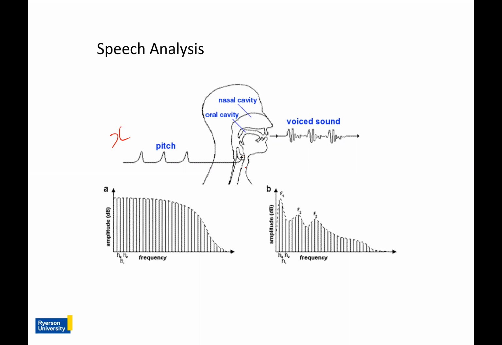Okay, then obviously the output that we are coming out of the mouth is the voiced sound. In this case, I could call it Y. Okay, and you have seen this. This is nothing but H. The role of H is played by the vocal tract. So the vocal tract that we all have is kind of the filter here. Okay, so it's doing some kind of waveform shaping, a spectral waveform shaping of your input.